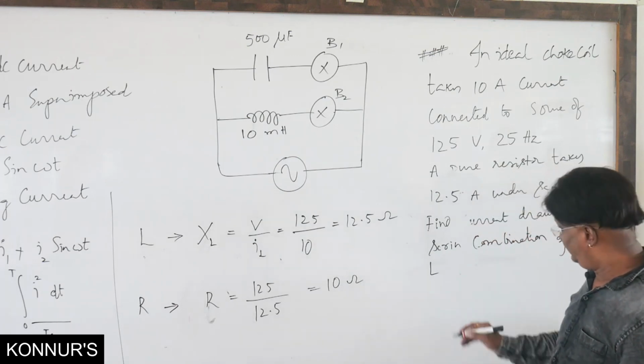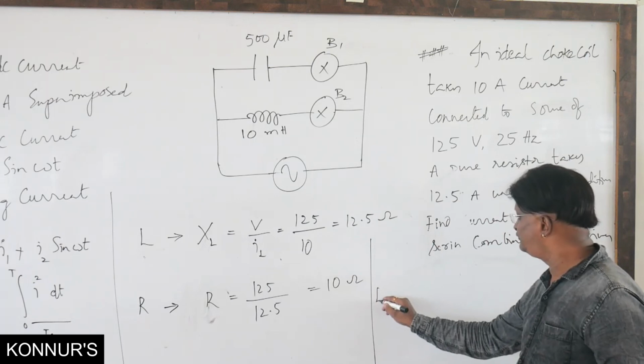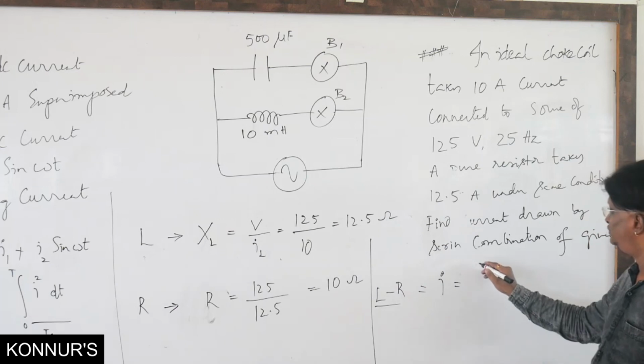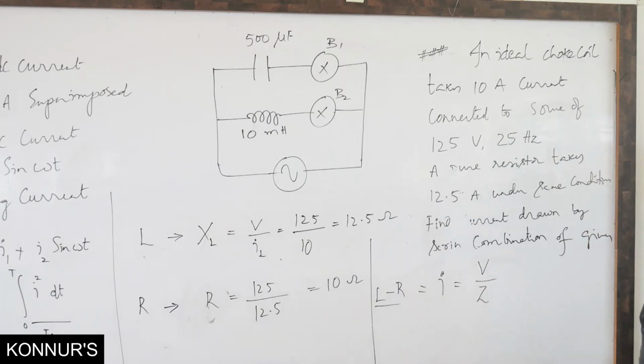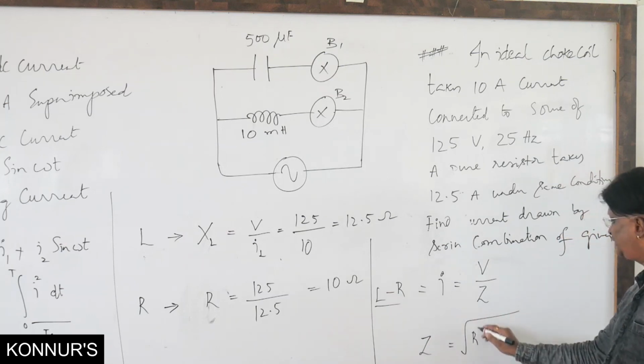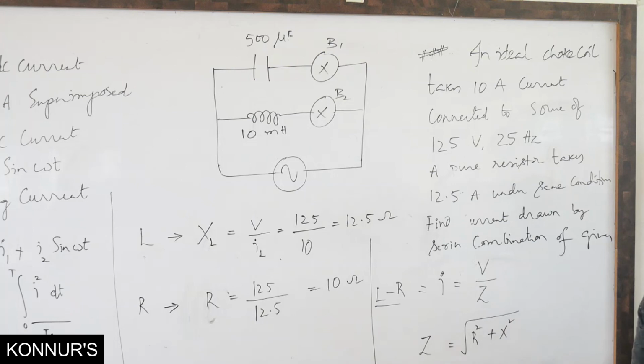Therefore, for the LR series combination, I is equal to V by Z, such that Z is under root R square plus X square, and this time it is XL square. This Z we need to evaluate, and then we will write 125 by under root of 12.5 squared and 10 squared. Finding the answer.